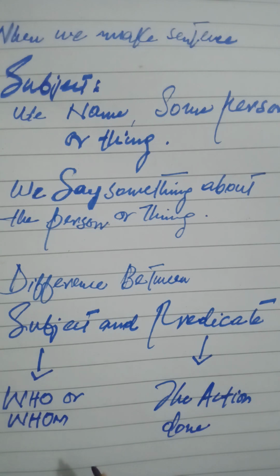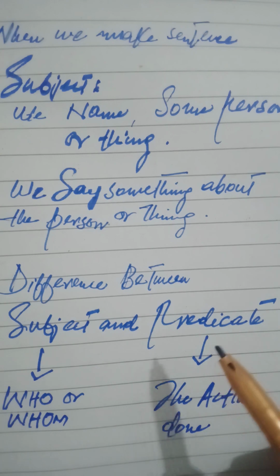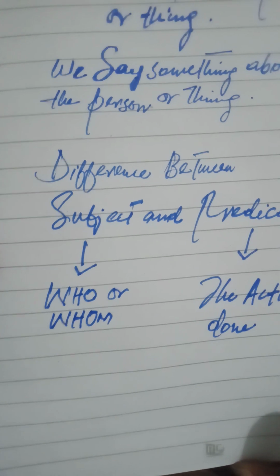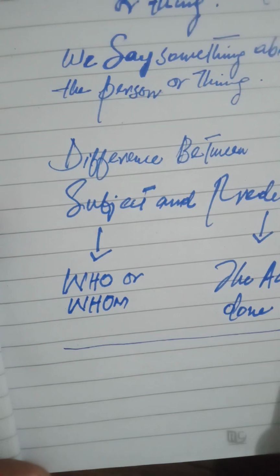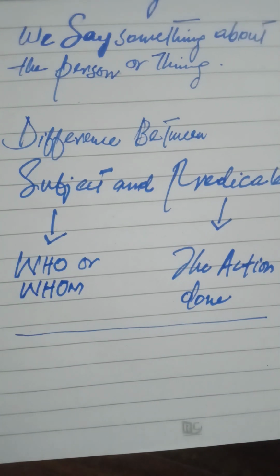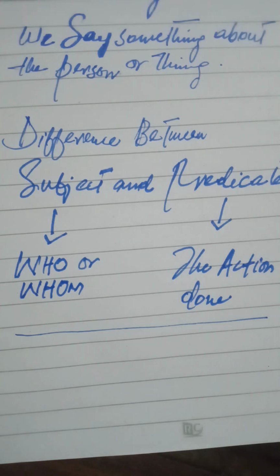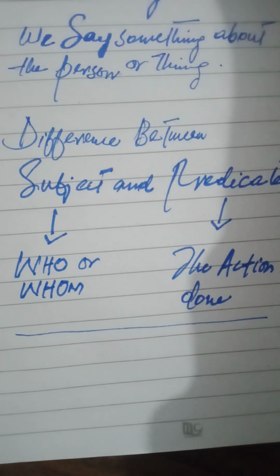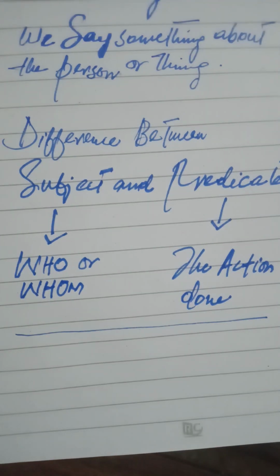So we need to understand the individual meaning of subject and predicate as well, so we can better understand them. Very simple.